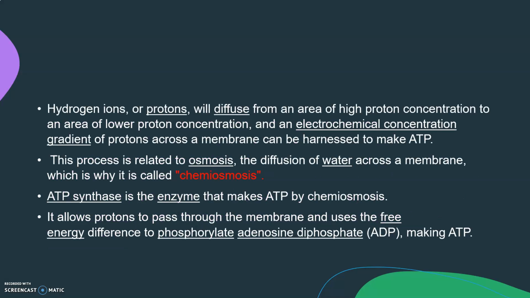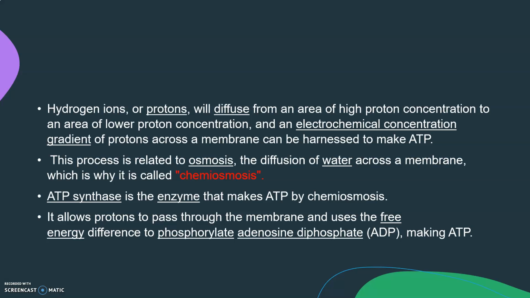Hydrogen ions or protons will diffuse from an area of high proton concentration. So how does the movement occur? It moves from the area of higher proton concentration to an area of lower proton concentration. During their movement, an electrochemical concentration gradient is established.